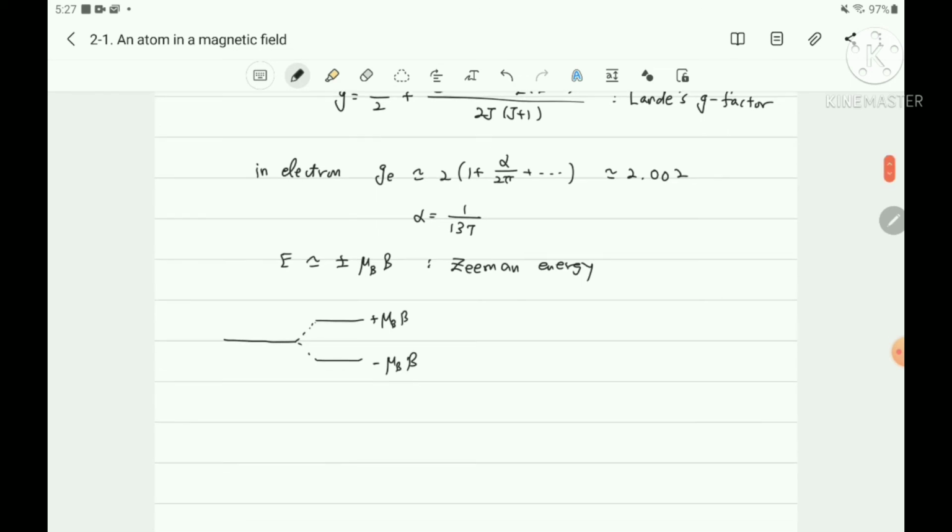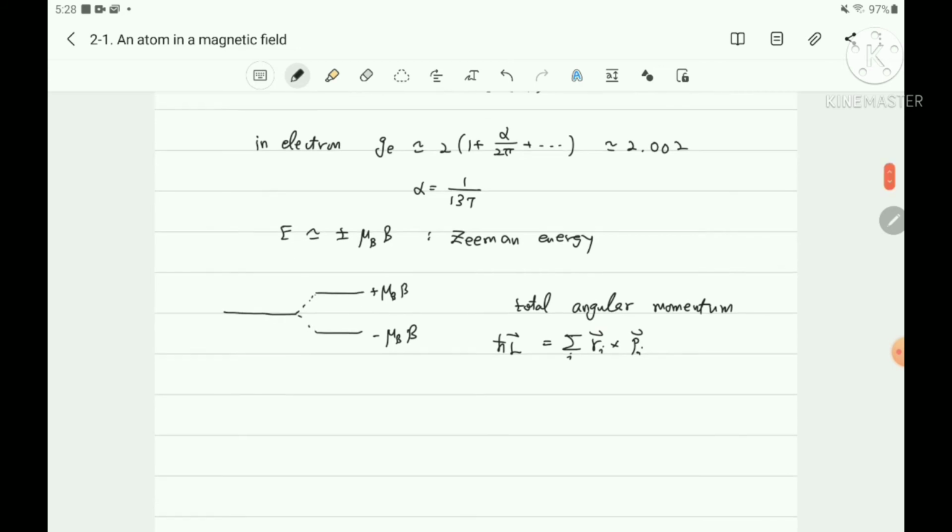Here we should also take into account the angular momentum. The total angular momentum is, in quantum mechanical representation, h bar L, and from the classical point of view, it is the sum of r_i cross p_i, the summation over all electrons.